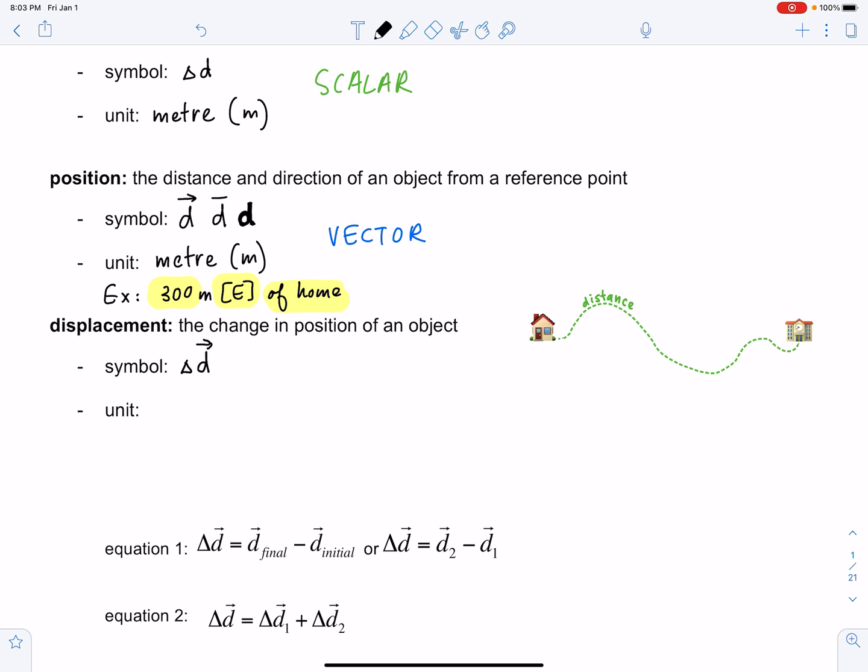Whenever there's a delta in front of a symbol in mathematics or science, it means the change in. So that delta sign means change in. So you can actually read this as change in position, which is the definition of displacement. So the symbol for displacement is delta D with an arrowhead on top. And the unit of measure is also the meter.